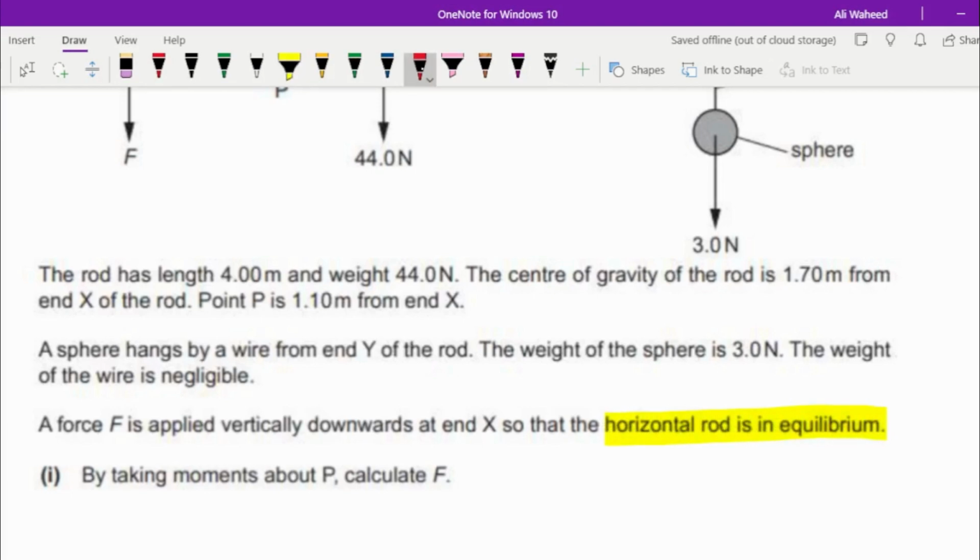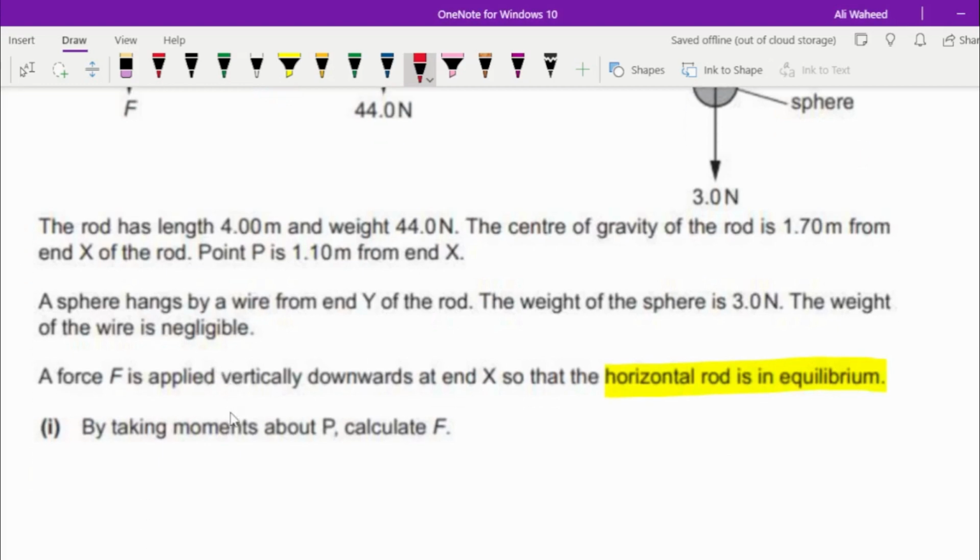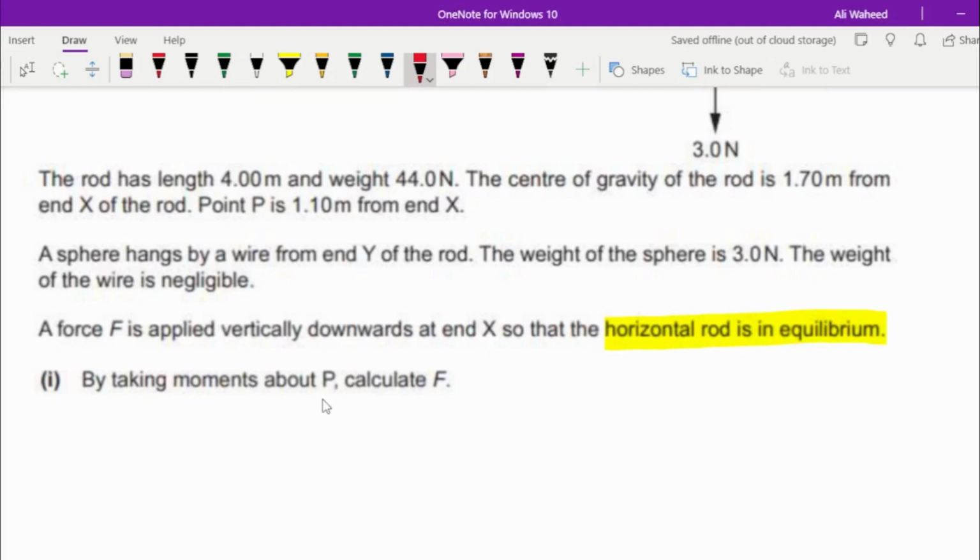So now we have the license to apply the principle of moments about any point of the horizontal rod. By taking moments about P. Now they have specified the point about which we need to apply the principle of moments. That's even easier. By taking the moments about point P, calculate the value of force F.